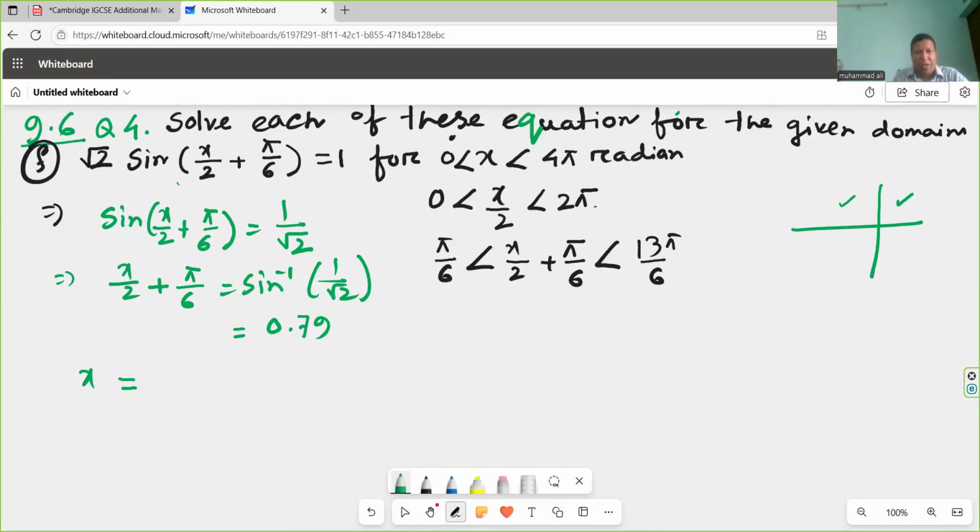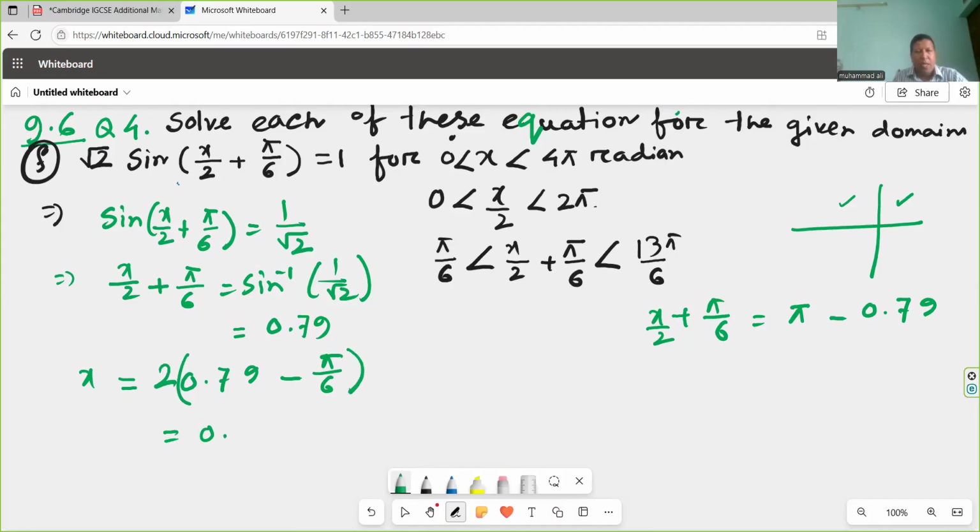And if you want to get the result in the second quadrant, we have to subtract this 0.79 from π. So π minus 0.79. So from here, x = (0.79 − π/6) multiplied by 2. So the final answer will be 0.533.